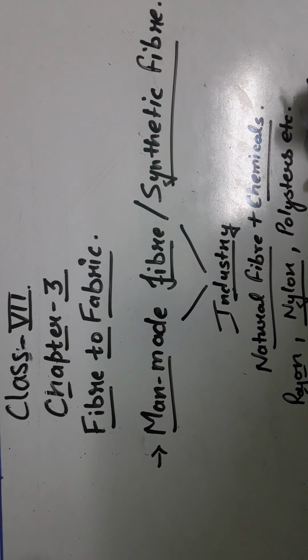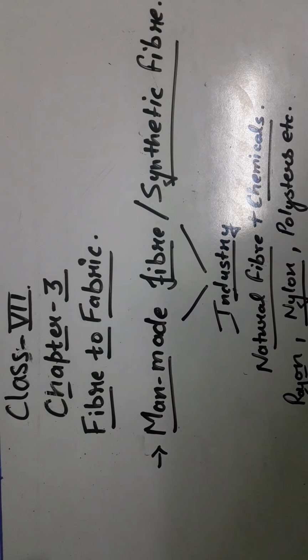Till then, just revise what fibers are, what the different types of fibers are, and what the different examples are which I have given you in this video, examples of natural fibers and examples of artificial fibers, and just memorize them. I have also given you a PDF of the book. Just read the chapter till here and try to memorize these terminologies, what fibers are, what animal fibers are, what plant fibers are, what natural fibers are, what artificial fibers are, and you will be able to understand this chapter in a far better manner.